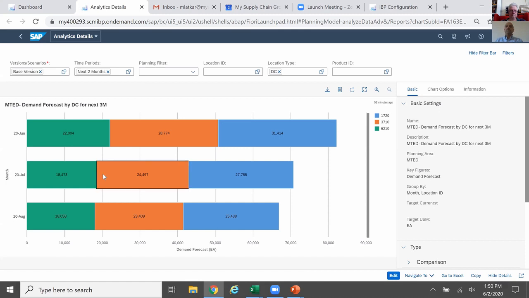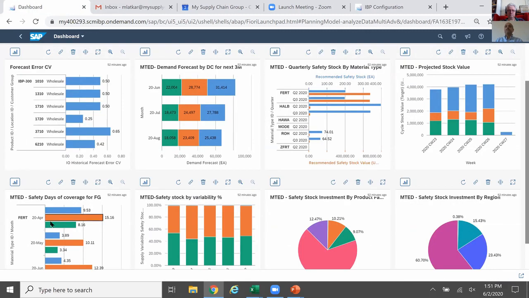So it shows you at DC level how much demand there is for the future period. Likewise, we can build many other dashboards, for example forecast error CV. Here we have one product and multiple locations, and you can see there are different coefficients of variation for each of these locations.